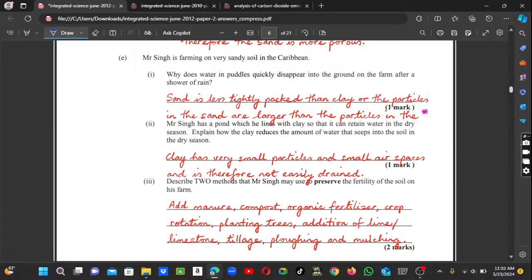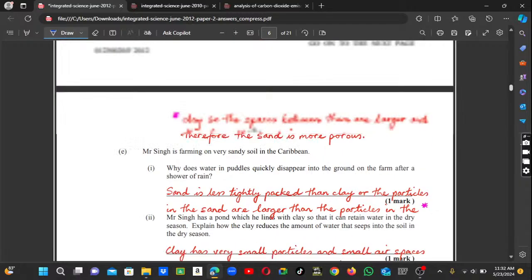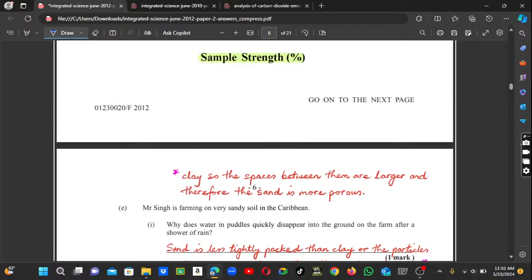We'd have seen that the sand would be less tightly packed than clay. Remember, we know that sand is coarser than clay in structure. The particles in the sand are larger than the particles in the clay, so the spaces between them are larger, and therefore the sand is more porous.